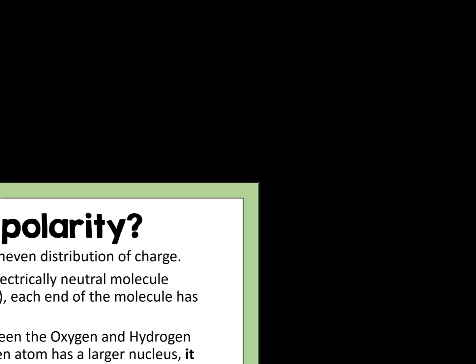And so that gives this side of the water molecule a slightly negative charge because electrons are negatively charged. So because they are not being pulled as strongly to this hydrogen side, the electrons are spending more time over here, and therefore the side is going to be positively charged. So it's got a little bit of a charge to it, but not an extreme amount. So conversely, the side of the molecule with the hydrogen atoms has a slightly positive charge because the electrons don't spend as much time over there.